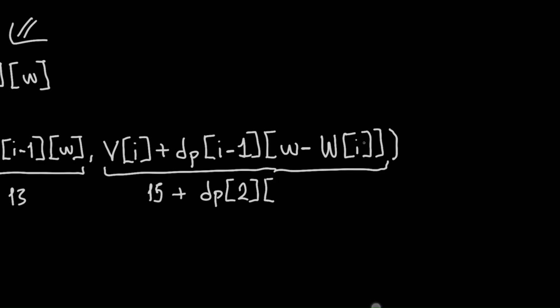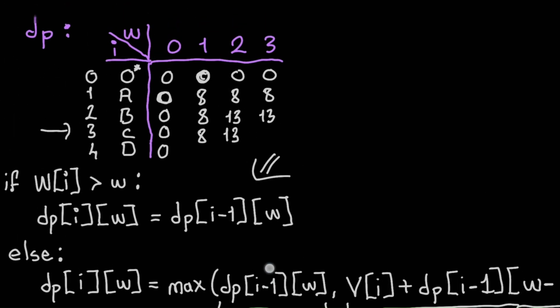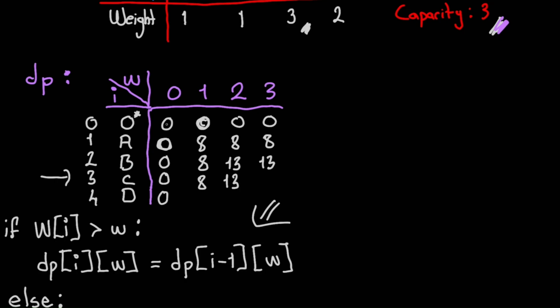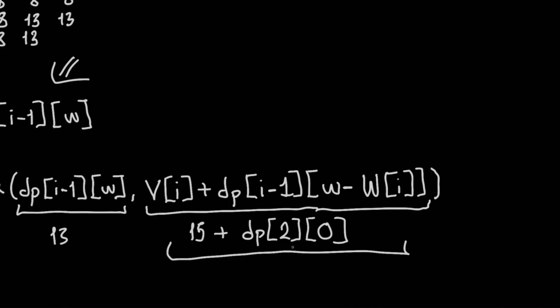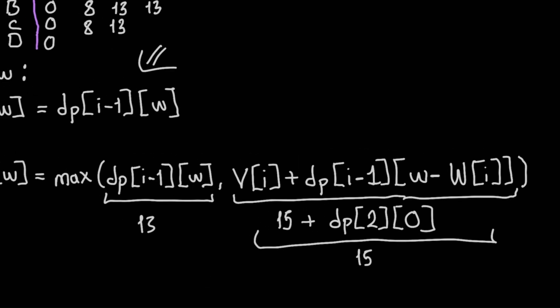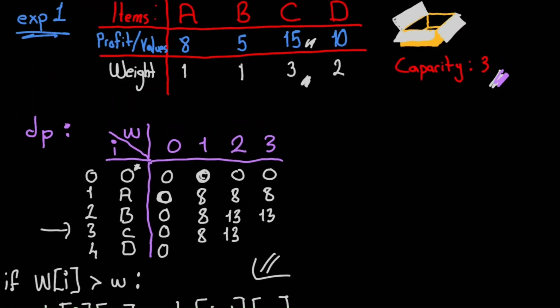And this part gives us 3 minus 3. So that's 0. So let's see this section. 2 of 0, which is 0. So that expression gives us 15, which is greater than 13. So that means we are taking C when we have the capacity of 3.